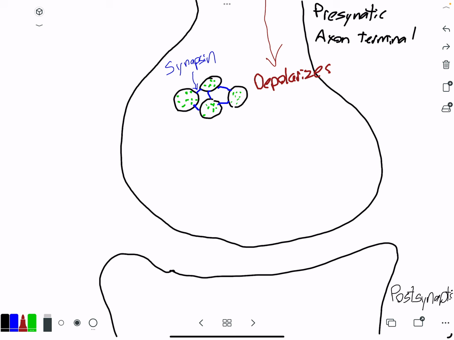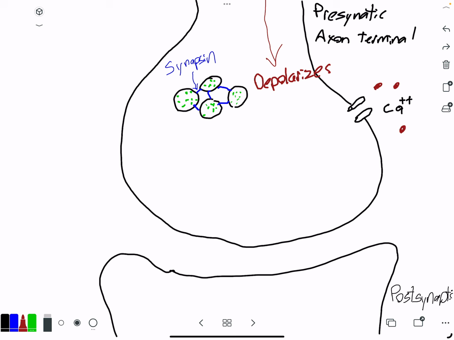Now, this depolarization causes activation of a voltage-gated channel. We've talked about sodium and potassium voltage-gated channels in class before, but we have a new one here that I've mentioned, calcium. Let's represent calcium here as red.